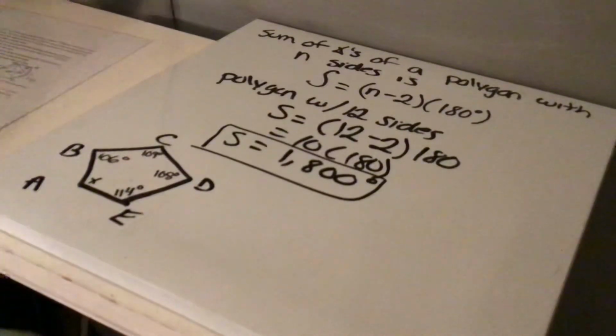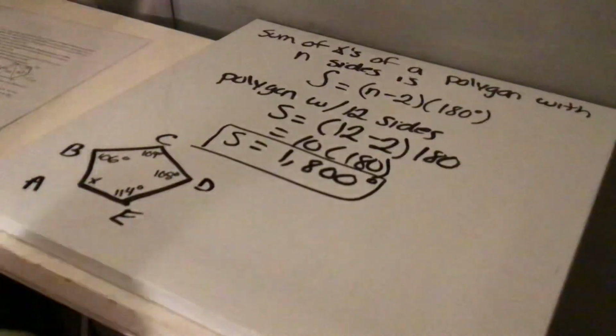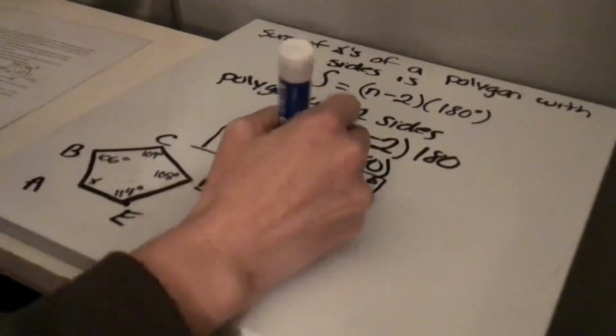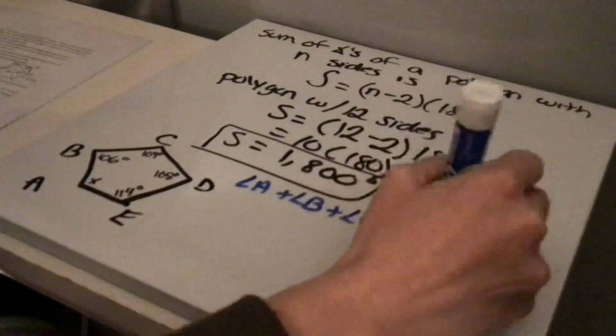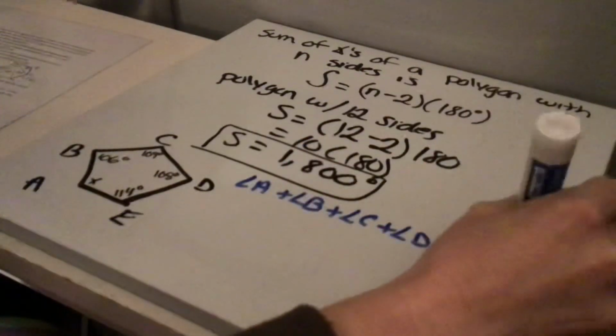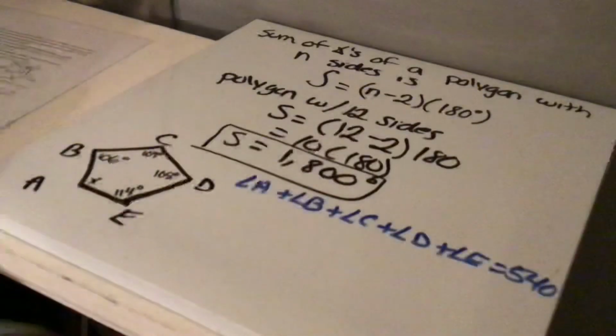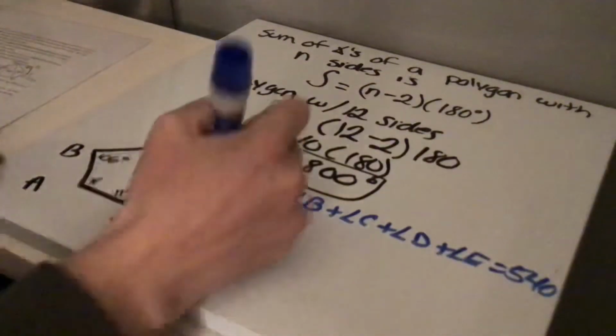Okay, it's a pentagon, and we said a pentagon adds up to 540. So angle A plus B plus C plus D plus E is 540. Okay? So we don't know what angle A is.